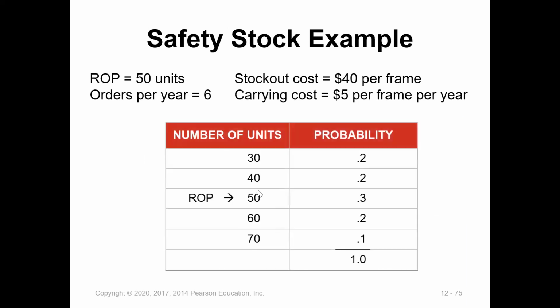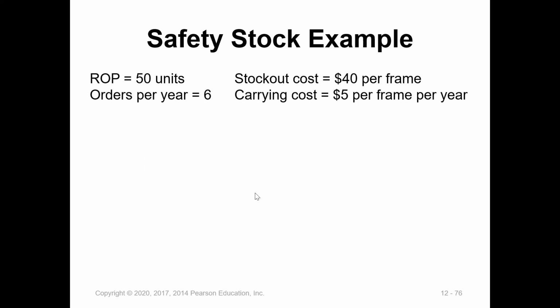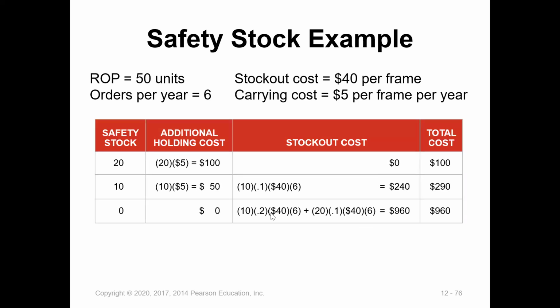And look at the table here. 10 times 0.1, right? 10 times 0.1 times 40 times 6 orders is 240.